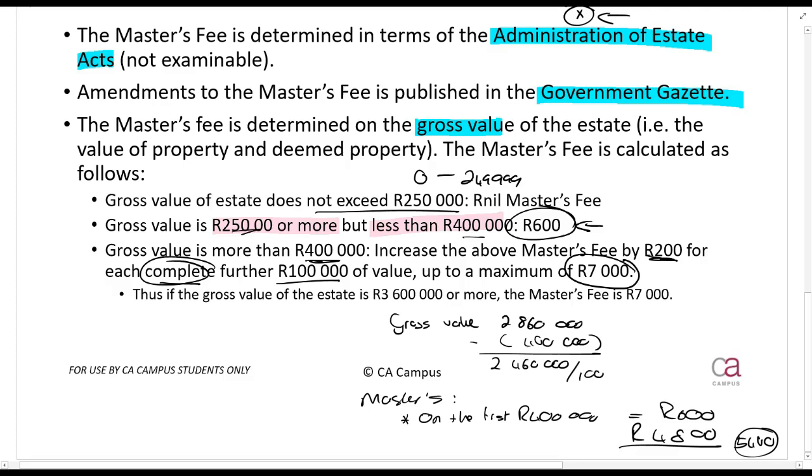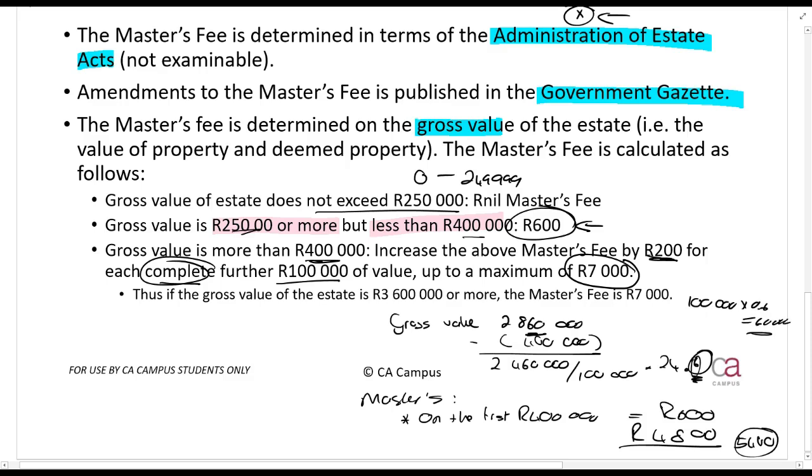If we divide that by 100,000, we get 24.6. So that 0.6 there, that decimal, is not a complete 100,000. That's that 60,000 there. Because 100,000 times 0.6 gives us 60,000.